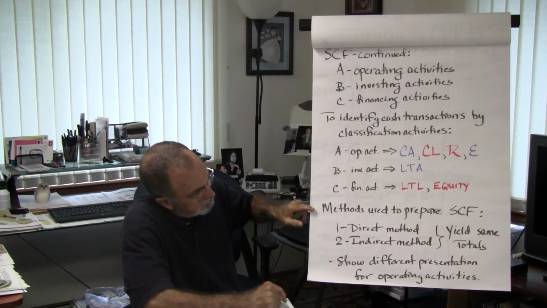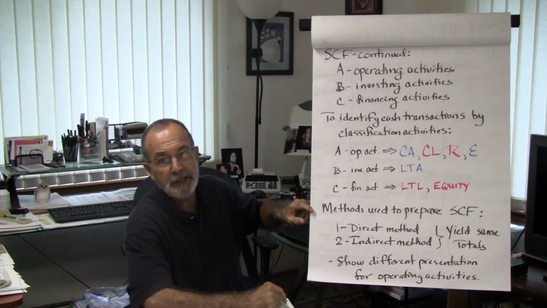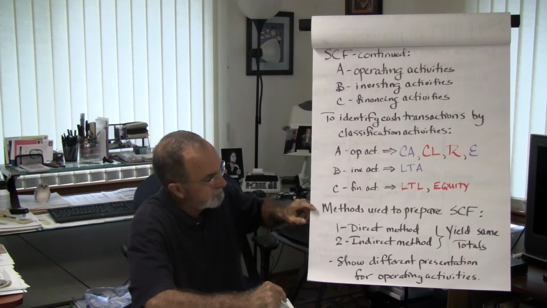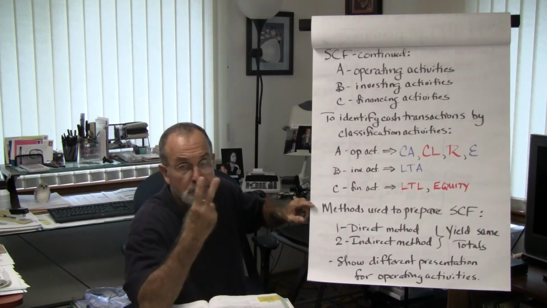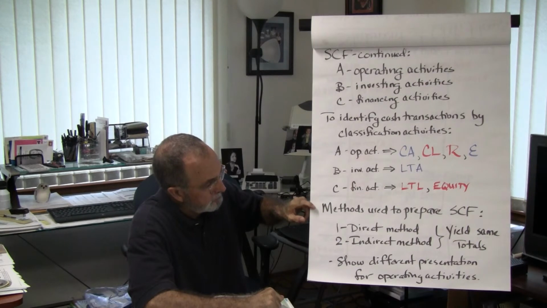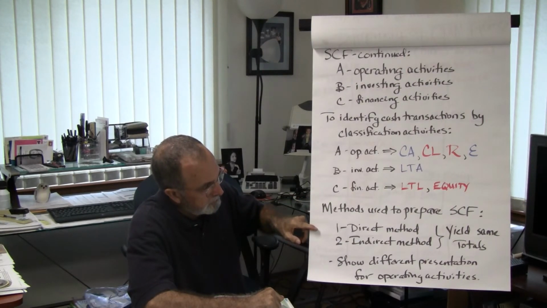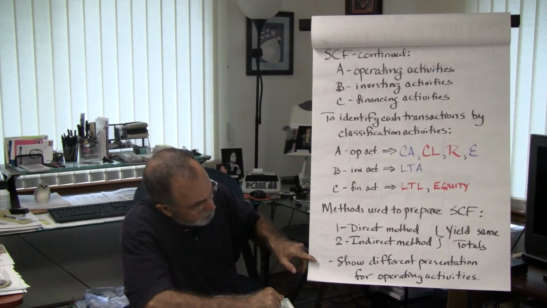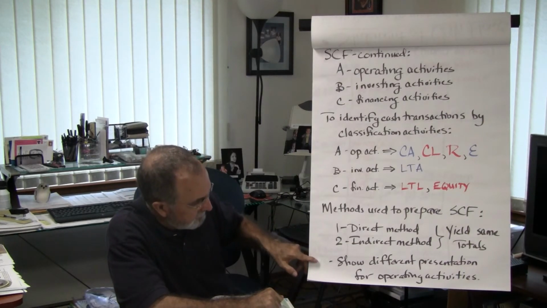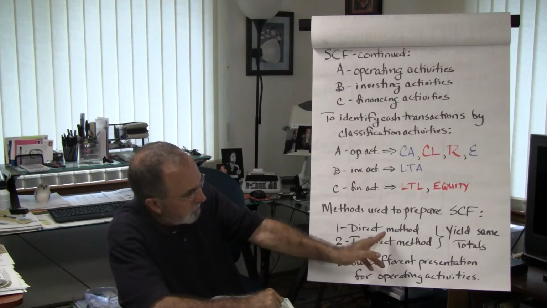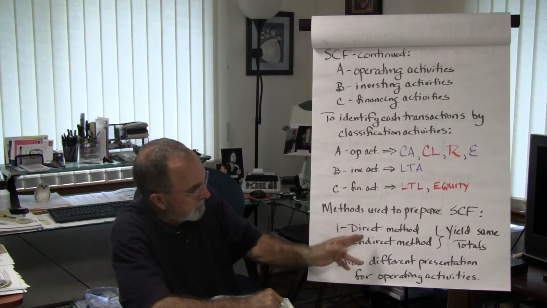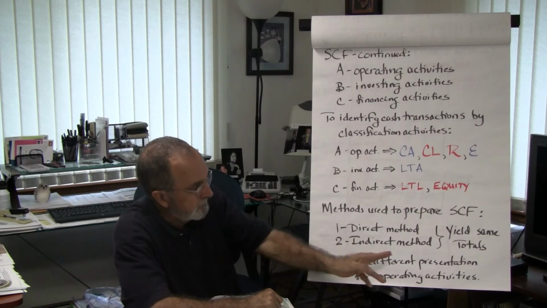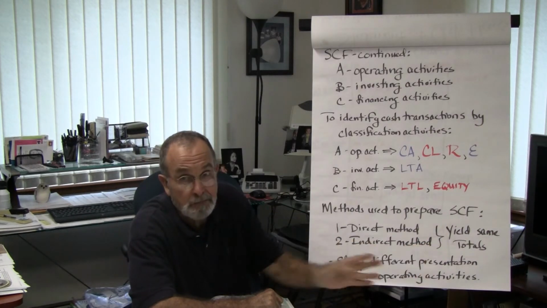In terms of the ways that we can prepare the statement of cash flows, there are two basic methods. One is the direct method, and the other is called the indirect method. I think it's important to understand that regardless of whether we use the direct method or the indirect method, they will yield the same totals.